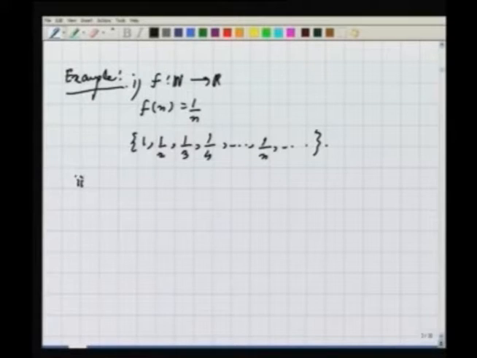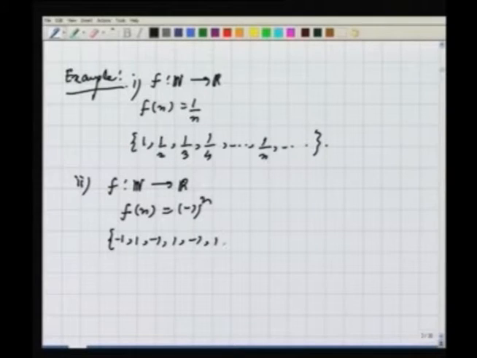Let us look at the second example. I define f again from the set of natural numbers to the set of reals given by f of n equals -1 to the power n. Then the alternative representation of the sequence is: at all the odd places you have got -1 and at the even places you have got 1.